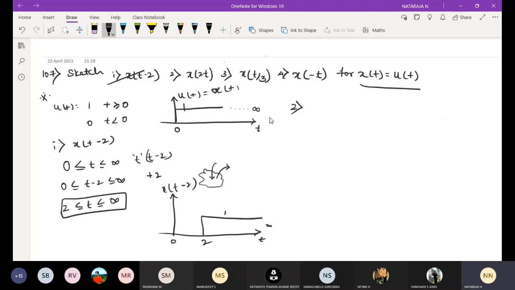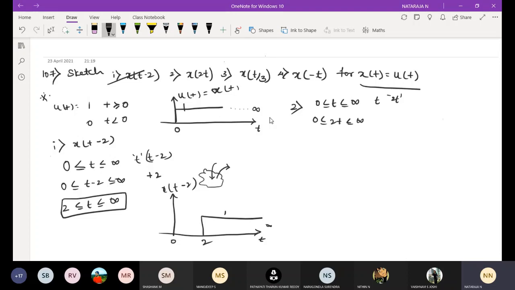We take the same limits of x of t. The first case was x of t minus 2; the second case is x of 2t. Again 0 less than t less than infinity. Replace t by 2t: 0 less than 2t less than infinity.